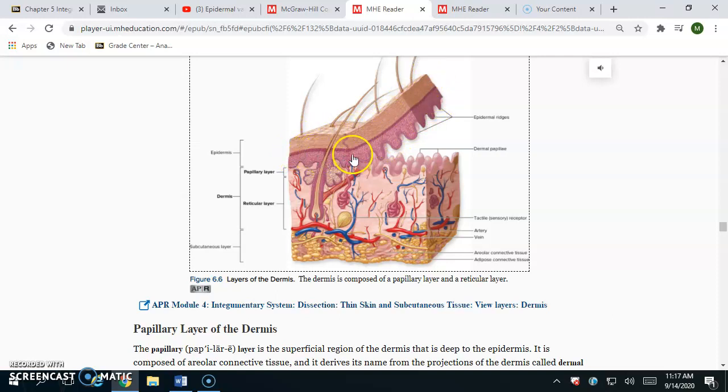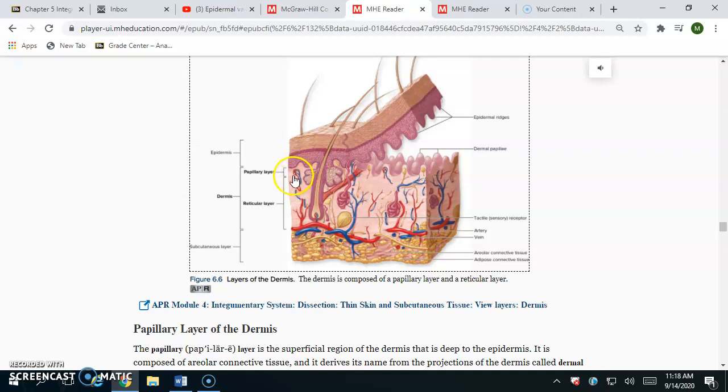But we do have living cells in there, the keratinocytes. The ones in the stratum corneum aren't living, but in all those other layers we have living keratinocytes. They're going to need nutrients and oxygen from the blood. The keratinocytes in the epidermis get their nutrients and oxygen from the blood vessels in the dermis that are close to the epidermis.